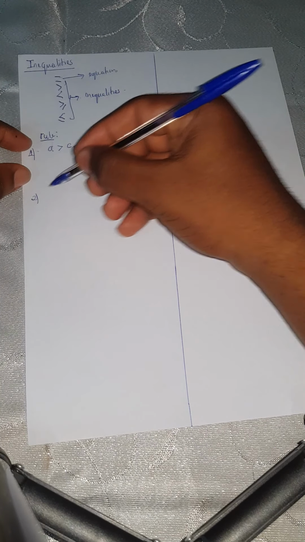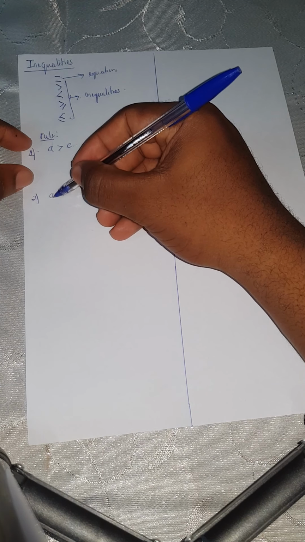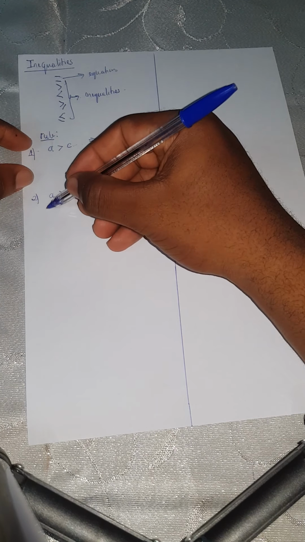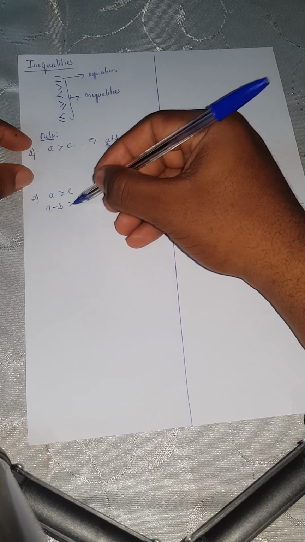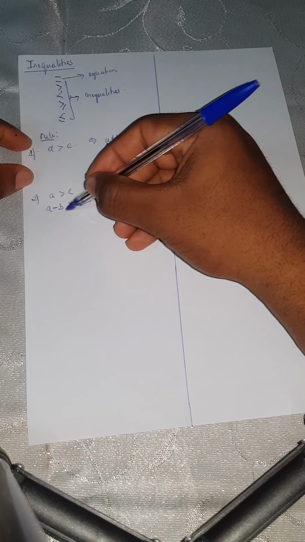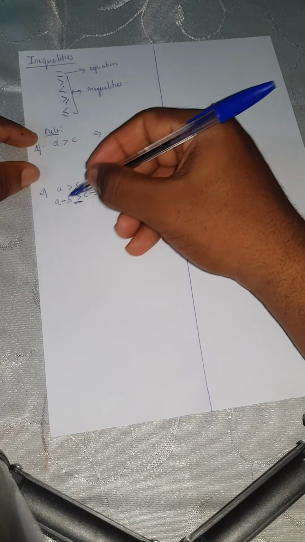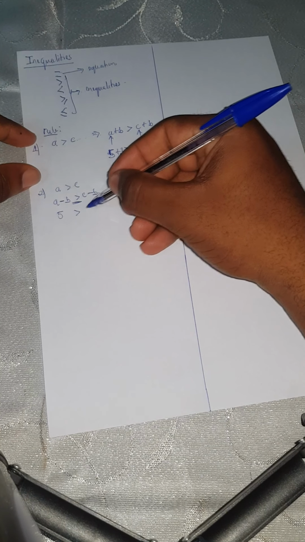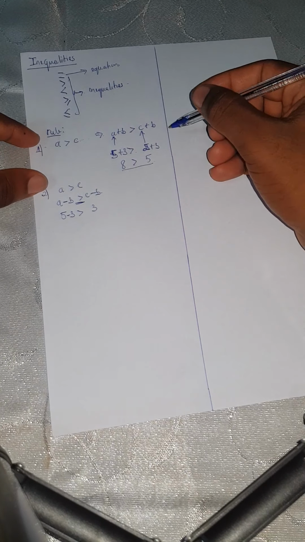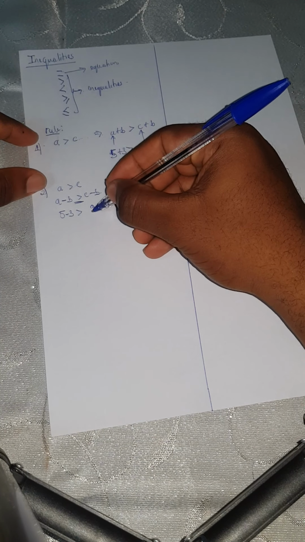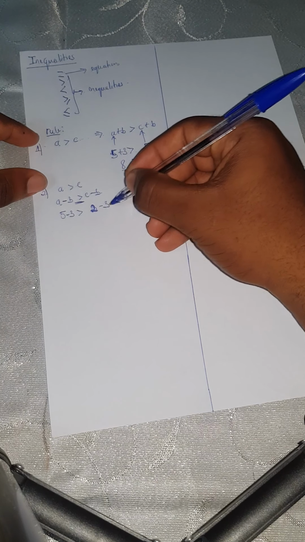The second rule is, if A is greater than C, then if I subtract a certain number B here, and I subtract the same number B here, it's still greater than. Take the same example. Here we have 5 greater than 2. We subtract 3 here and subtract 3 here.